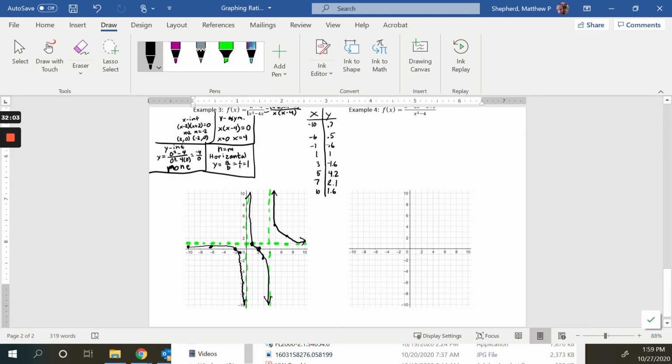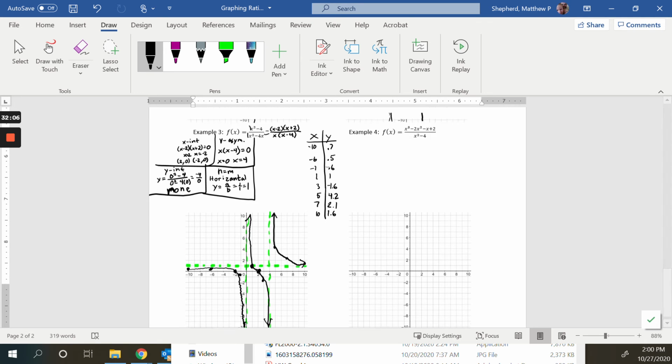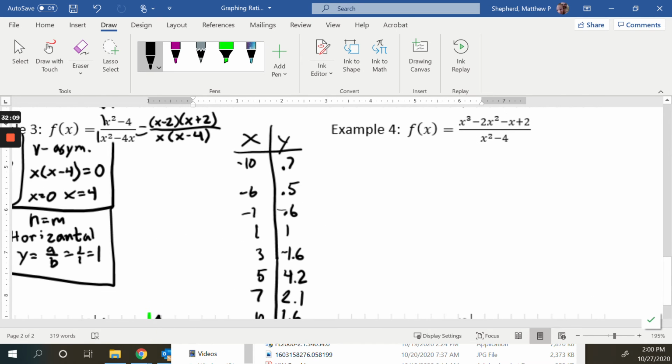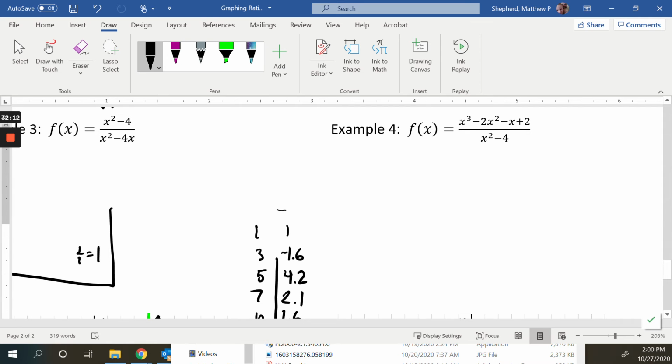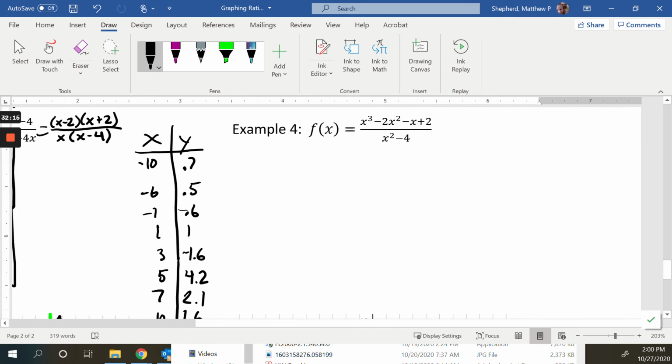Okay, one final problem left. And once again, the first thing we want to do is to factor the top of this. So, well, factor both of them. The top one, because it's an x cubed, that looks like it might be a little bit more challenging. So I'm going to start off trying to do my factor by grouping. So I can take out an x squared from the first two, and I'd have x minus 2. I could take out a negative 1, and then that would show as x minus 2.